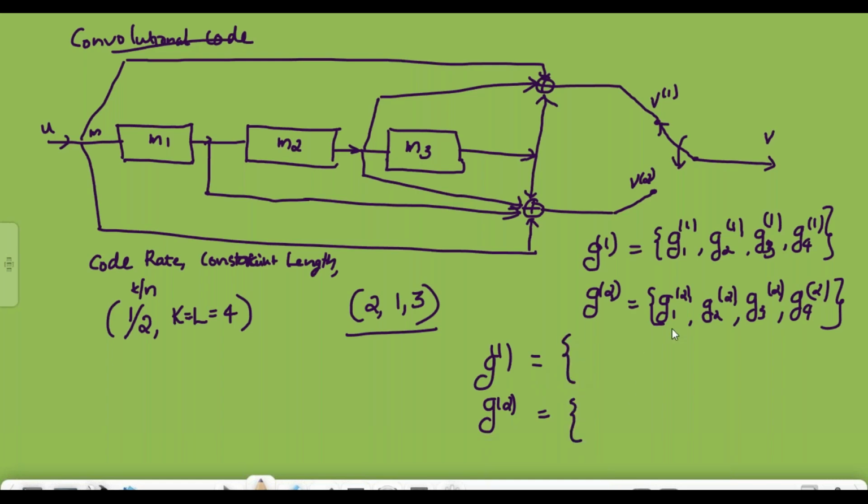Can anyone say these two sequences? Write in the chat box: what is G1 here, what is G2 here? From the connection to these adder elements, we can write the generator sequences. Please someone write the answer in the chat box.